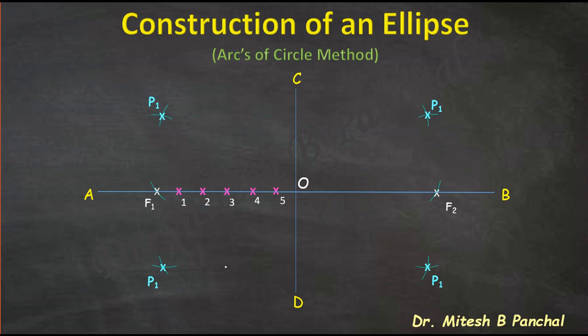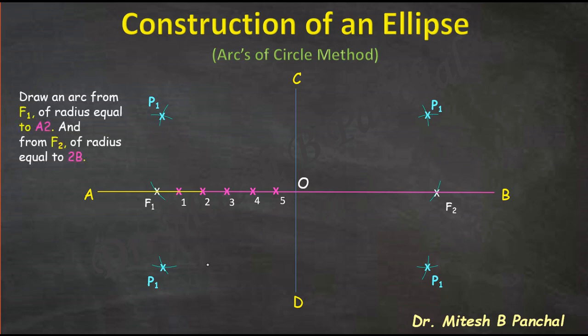Now for P2, consider A2 and 2B. Okay. So draw an arc from F1 of radius equal to A2 and from F2 of radius equal to 2B. Okay. So from F1 draw an arc of radius equal to A2 and from F2 draw an arc of radius equal to 2B.